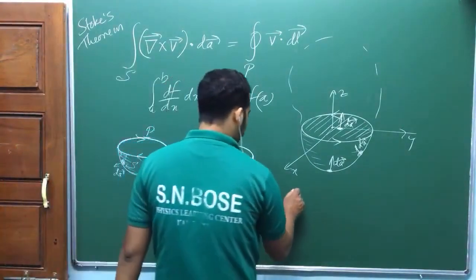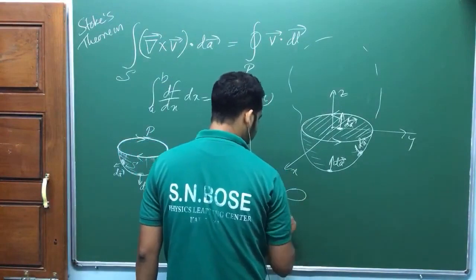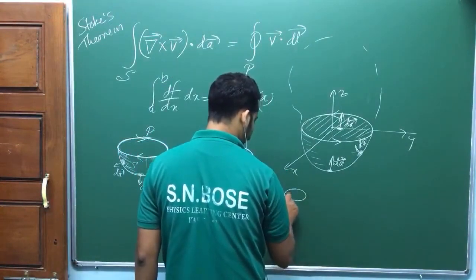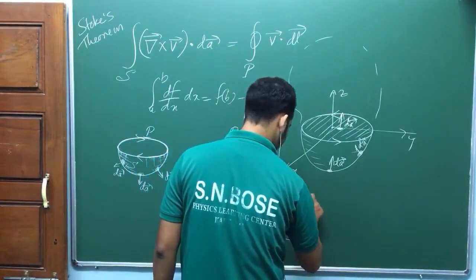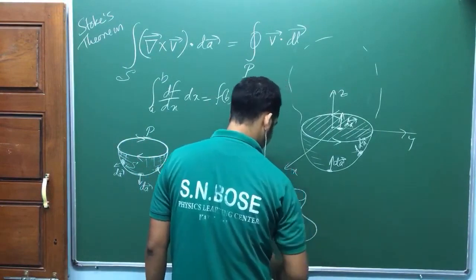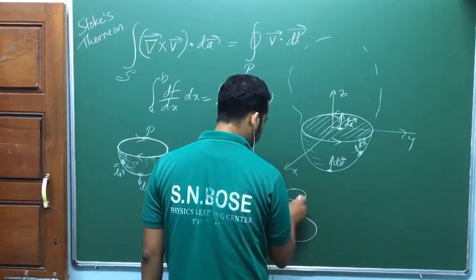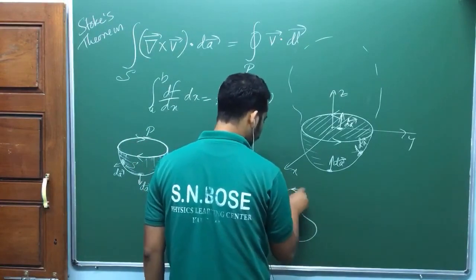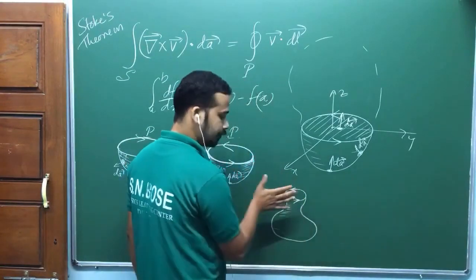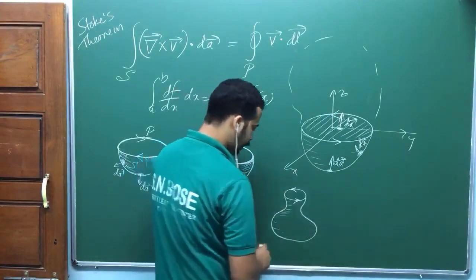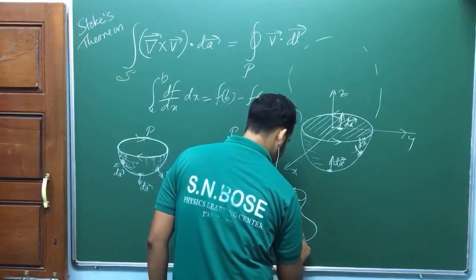So let me take one more idea. I have a pot, suppose. Again, I can write this direction like this. Now your dA vector will be like this.